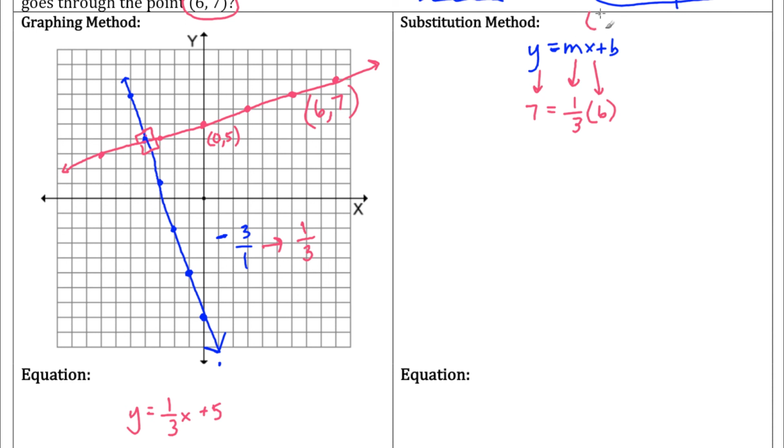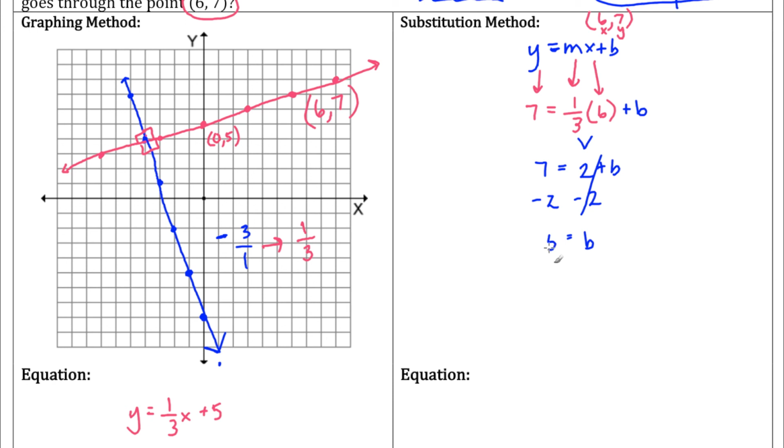Oh, I know why I didn't have to worry about the 4, because I usually wrote this out. 6, 7, okay? And we don't know what the y-intercept is. So 1 times 6 is 6, divided by 3 is 2. And then minus 2.